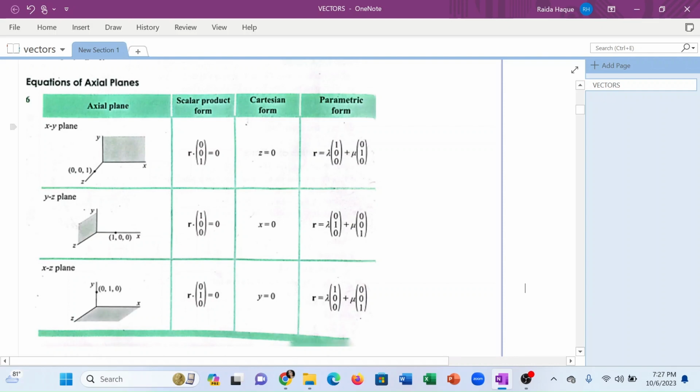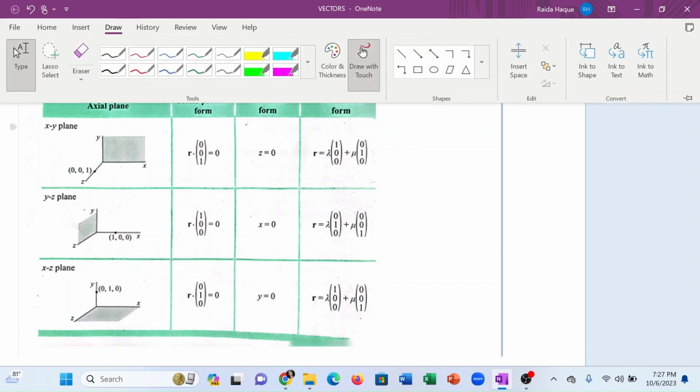So over here you can see that an axial plane is a plane which is lying on only two particular dimensions, right? Over here it is lying on the xy plane. You might ask, how could it not have been an axial plane?